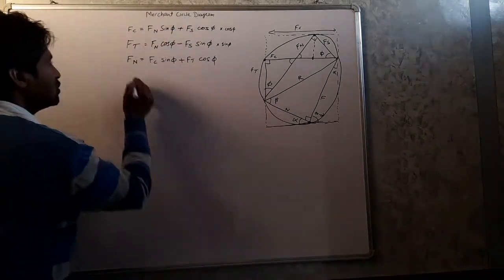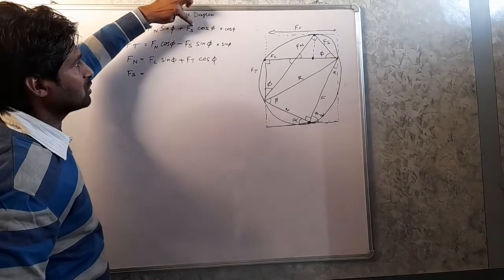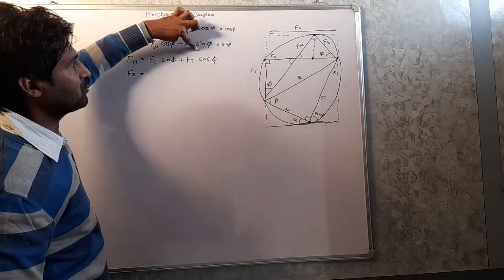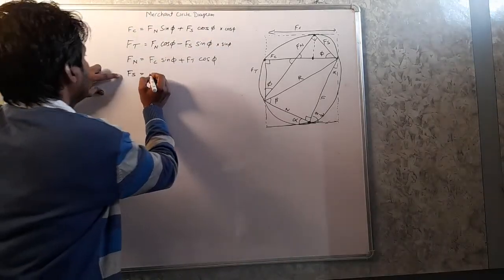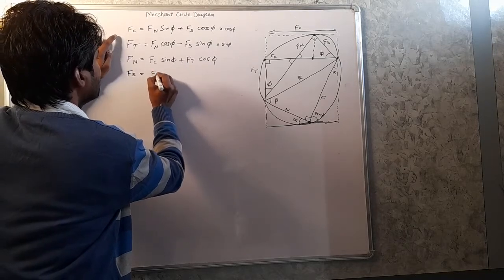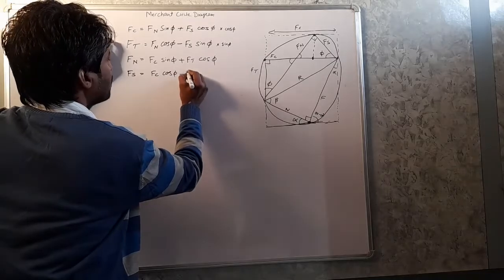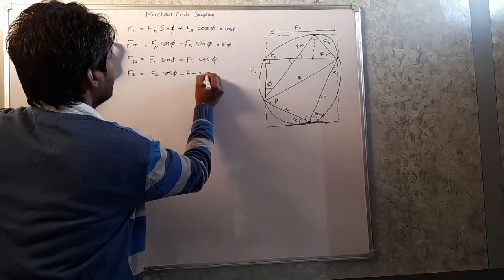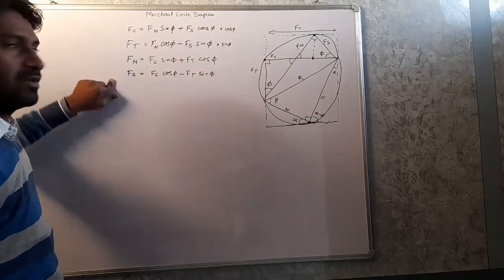So this will give the value in term of Fs. Multiply this equation by cos phi, multiply this equation by sin phi, and then subtract. So this will give the value in term of Fs: Fc cos phi minus Ft sin phi. So we have four formulas here: Fc, Ft, Fn, Fs.